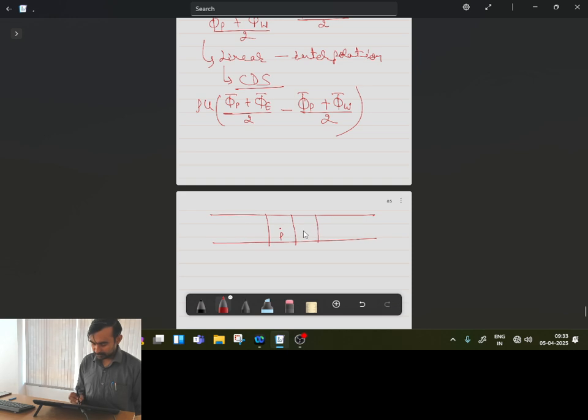Again node P, E, and here at these faces I need to calculate value of d phi by dx. Okay. Now one thing I can consider, that I consider the linear variation property like this. If I take this type of variation, then at this cell boundary, what I will be having?